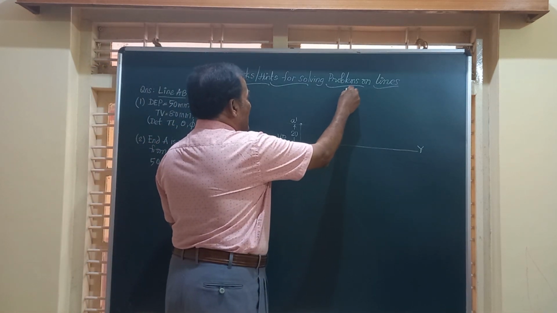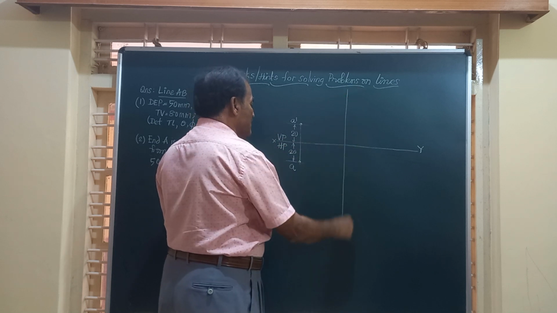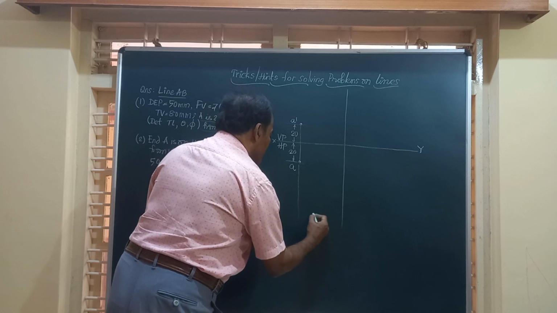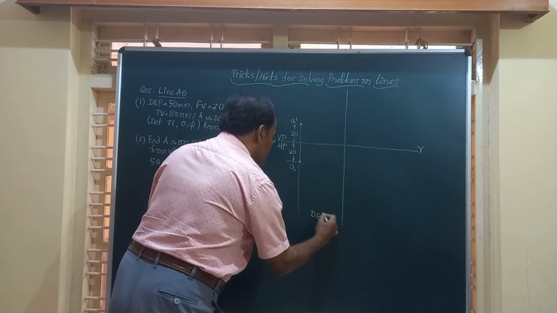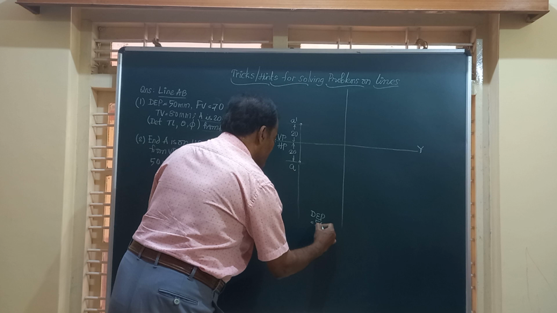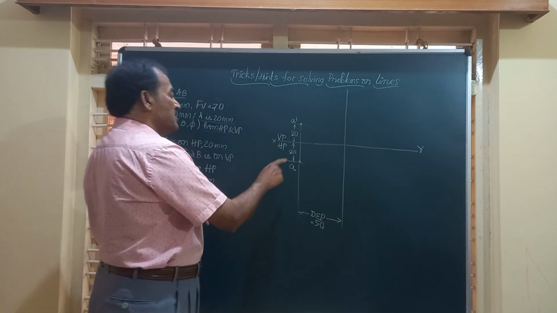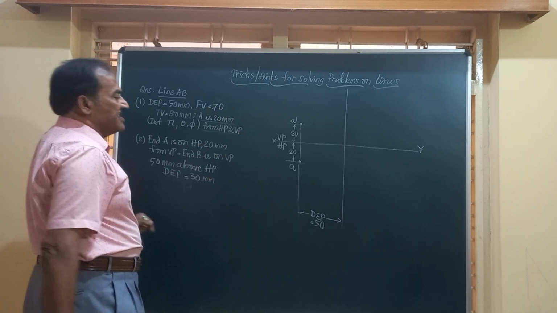So I'll draw another line parallel to this at a distance of 50, I've marked it as DEP, and that is given to be 50. So I will use this data about the distance between the end projectors.